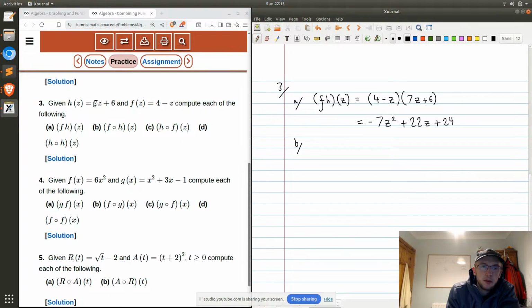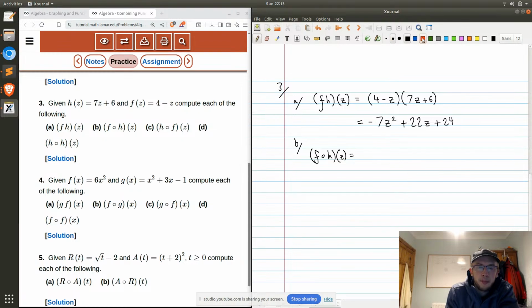So what we do is we pick up the definition of h and we put it into f in the spots where the input goes, and we put it in brackets. So f circ h of z will look like this.